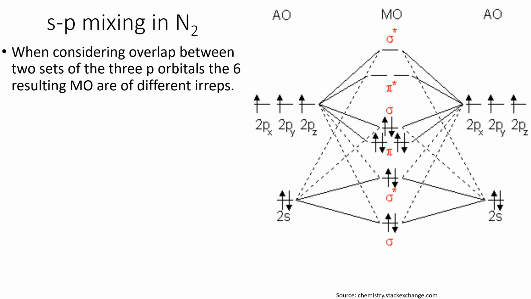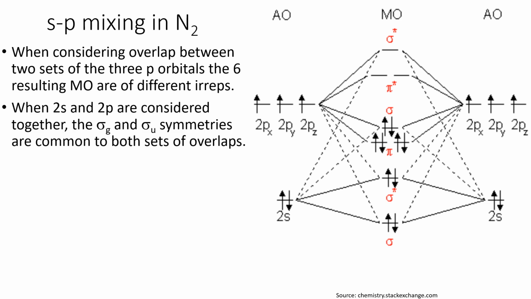But all 6 of those orbitals had different irreps. Well, I suppose we need to consider the pi's as pairs. But essentially we had 4 different symmetries: 2 sigma symmetries and 2 pi symmetries. All the symmetries were different, so there was no scope for having more than one MO of the same symmetry.